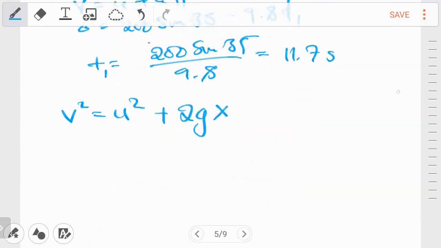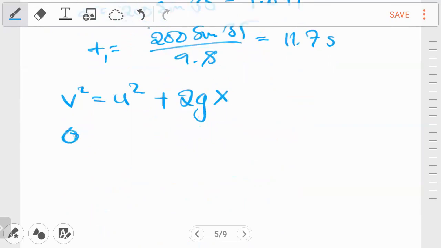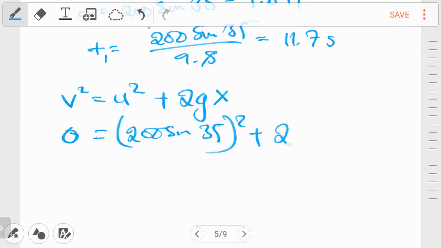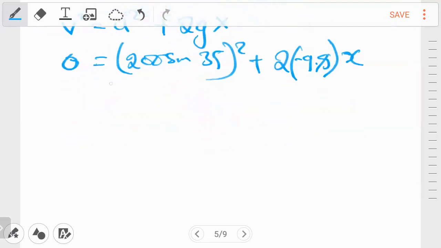So the final velocity at the turning point is 0. The initial velocity was still in the y-axis, that's 200 sine 35, still positive, plus 2 multiplying gravity, which is still pointing down, so still negative 9.8. And then we want to find what x is, so we make x the subject of the formula. 2 by negative 9.8, we get negative 19.6. Move it to the left-hand side, we get 19.6x equals the square of 200 sine 35.